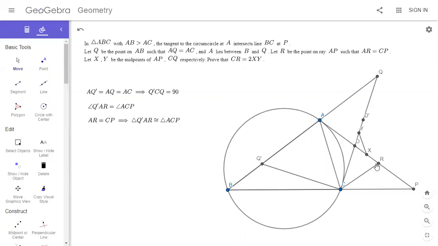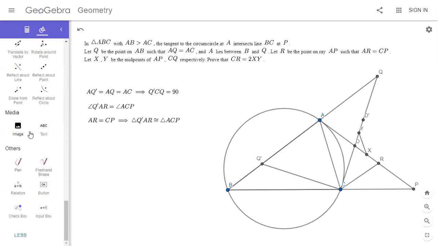Do you see why they're parallel? Yes, because we have the congruent triangles, and ACP and ABP are similar. And so AQ prime R and ABP are similar too. Okay, so I am going to write this out. So just thinking of the best way to do it.